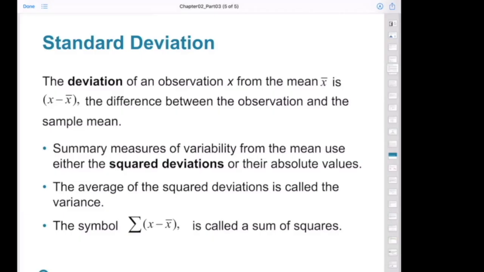So instead of x minus x bar, we will say x minus x bar, all squared. So what happened here? We eliminated all negative deviations and we have just positive deviations, right? But don't forget they are squared. So we doubled them, okay? So instead of deviation, we have deviation squared.